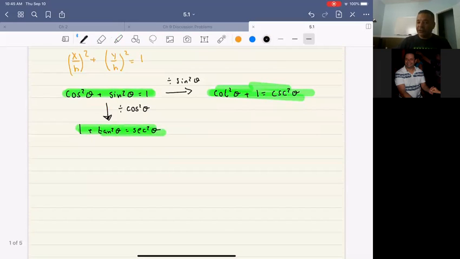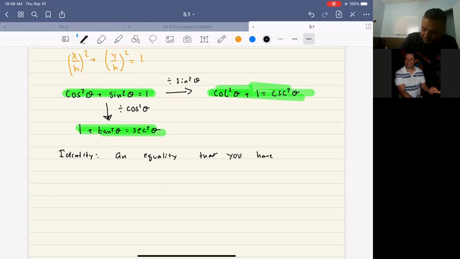So let's start looking at identities. So what an identity is, it's an equality that you have to prove. Okay, so you have to take one expression and do something to it to make it into another.